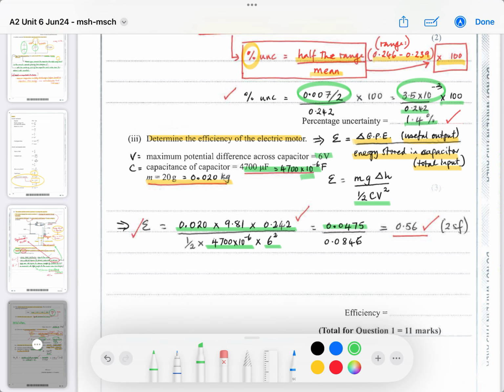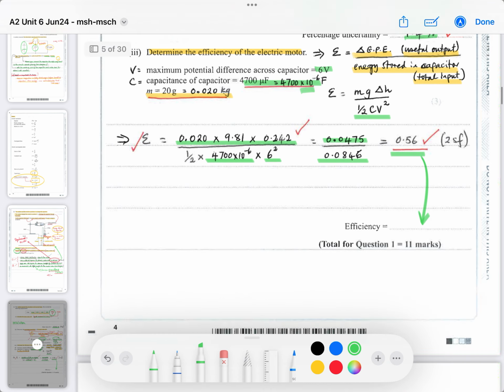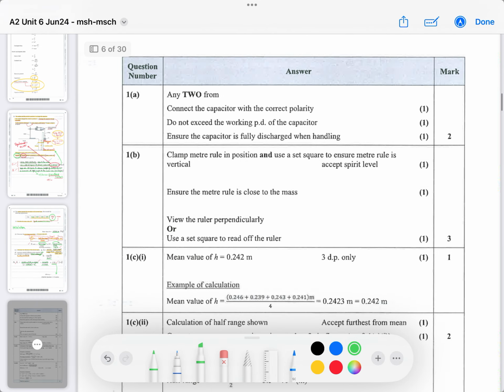You square that, and you get the total energy input of 0.0846. That means that the lifting of the load is 56% efficient, or 0.56 to 2 significant figures. Again, 2 significant figures maximum for efficiency. That's 11 marks.